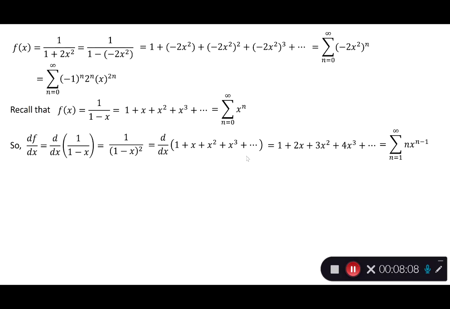Okay. Buoyed by all of this, there are some functions that can be written as power series. Somebody said, okay, how about e to the x, sine x, cosine x, all these kinds of functions, can we write them as power series?